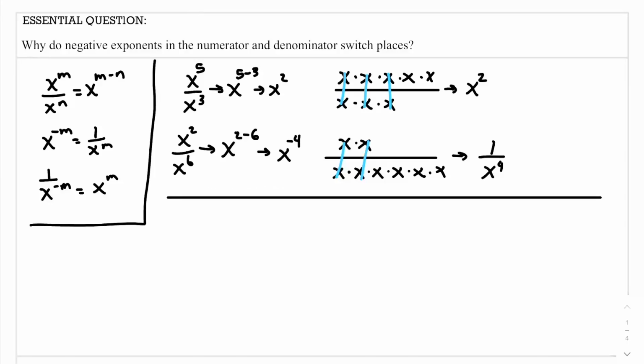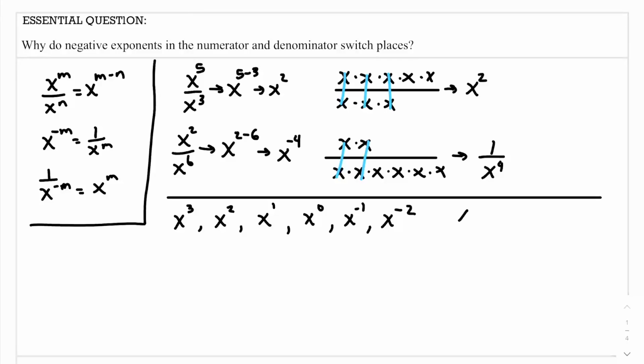Let's say we've got x cubed, and we're going to just count down to x squared, x to the 1st, x to the 0, x to the negative 1, x to the negative 2. So we're just going down a degree each time. So if you think about this, what you're doing here is dividing each term by x to go down a degree.